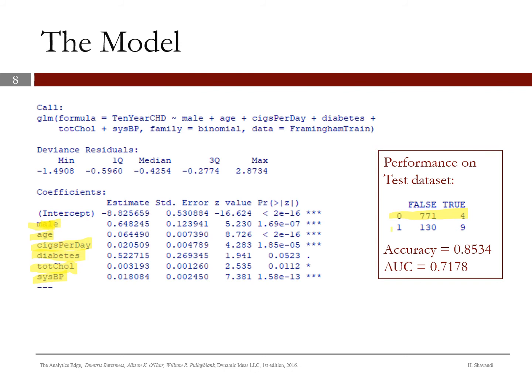But for the positive cases, we have 139 cases. They experienced CHD over that 10 year period. And here we correctly predicted just 9 of them, so we have an error for 130 of them.